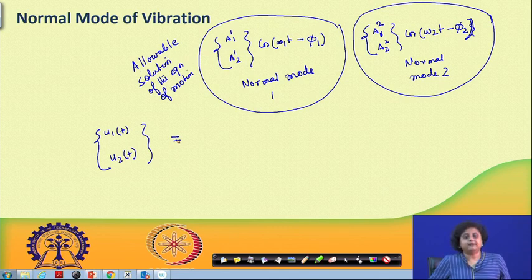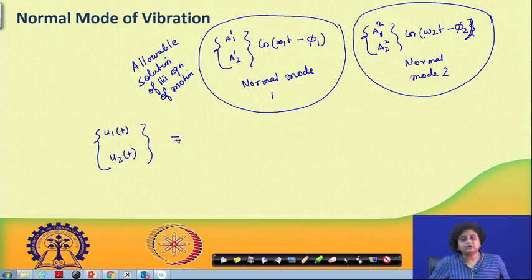That is, the deflected shape of the system is going to remain constant with time, which can be expressed mathematically as the ratio of the two degrees of freedom at any instant of time remaining constant.